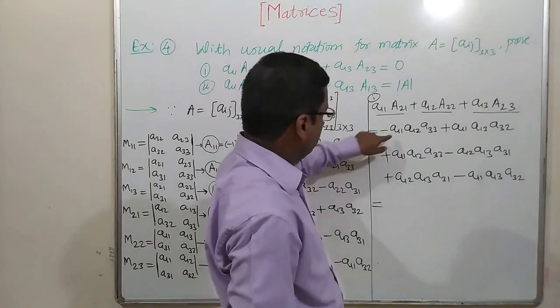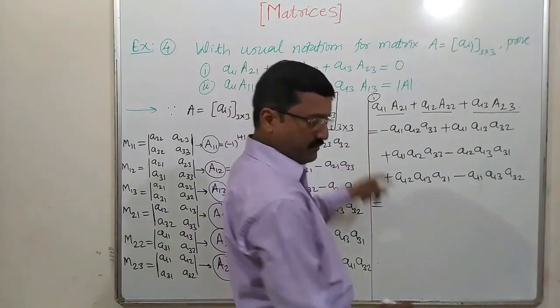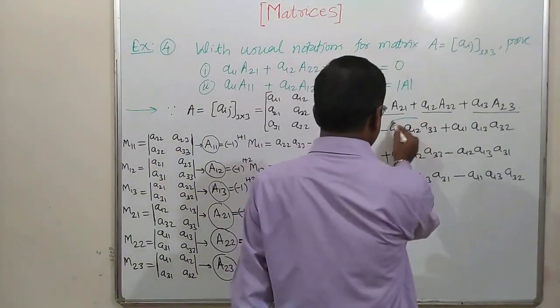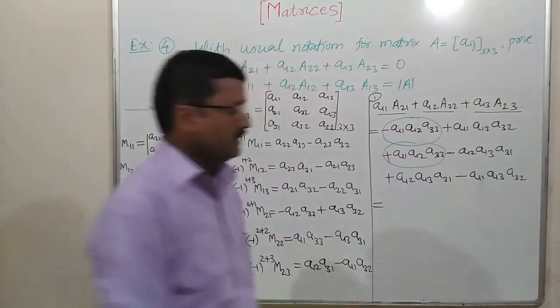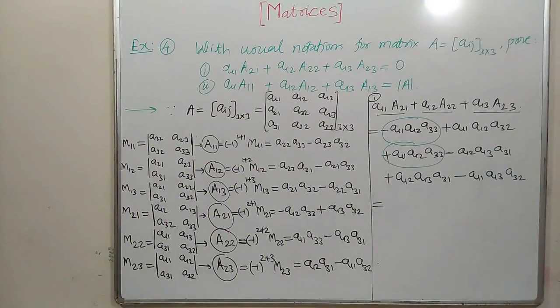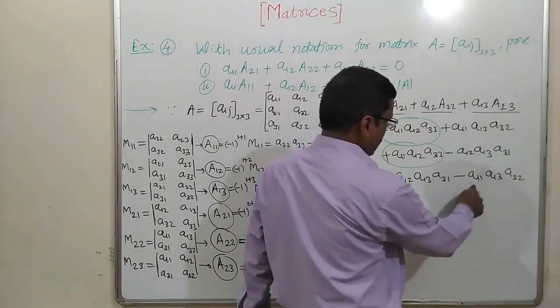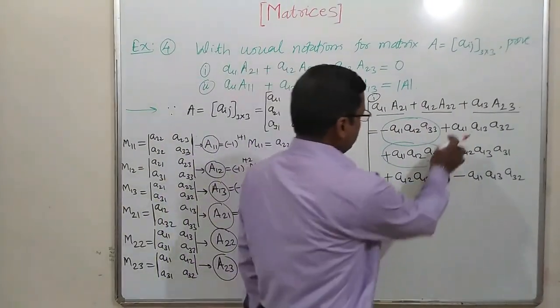Now here if you observe, this a11, a12, a33 is here. This is negative, this is positive. So these two get cancelled. These are with negative and positive signs, both. Next, here a11, a13, a32. Here is a11, a13, a32, but they are again with opposite signs.